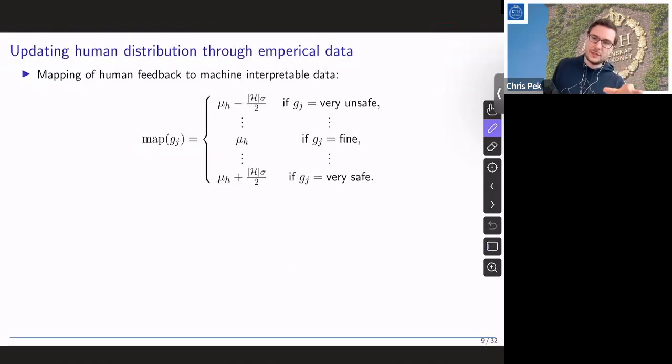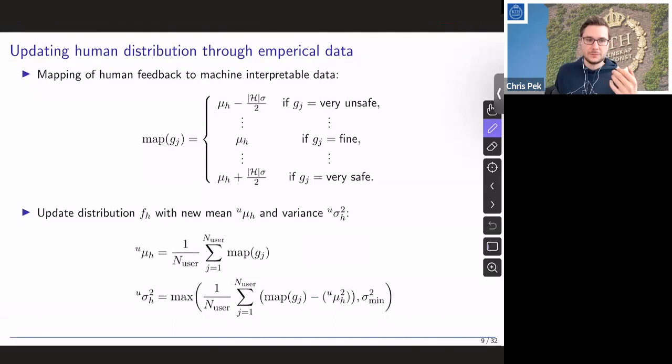With all the data that we have, we can just impose a Gaussian over that. So we can update this distribution of the human with a new mean mu and a new variance sigma by just using classical probabilistic theory, by saying we use all the mappings, sum them up and divide by the number of samples we have.